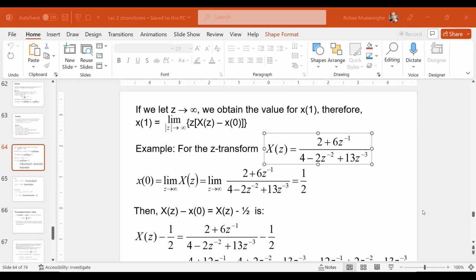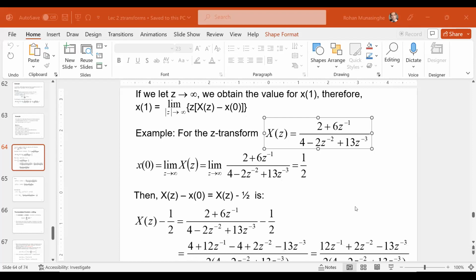All right. So this is the answer. x0 is calculated by taking the limit of X(z) as z goes to infinity, because these are negative powers of z. And then this is 0, this is 0, this is 0, and it's 2/4, half. Okay, right.